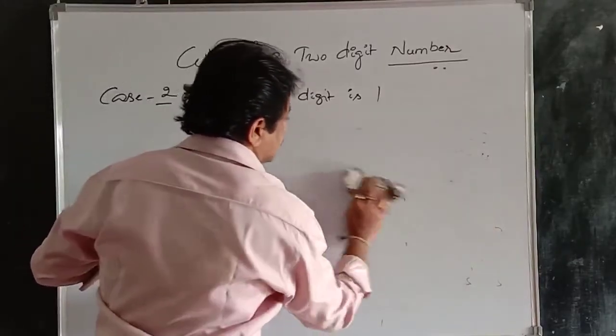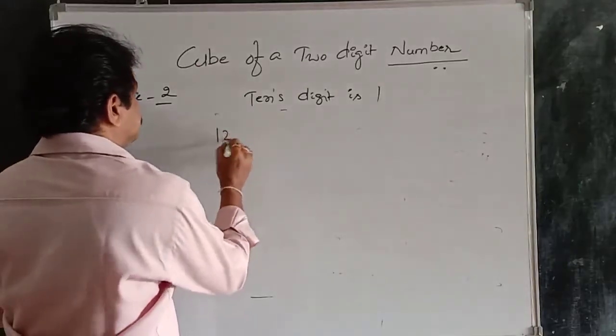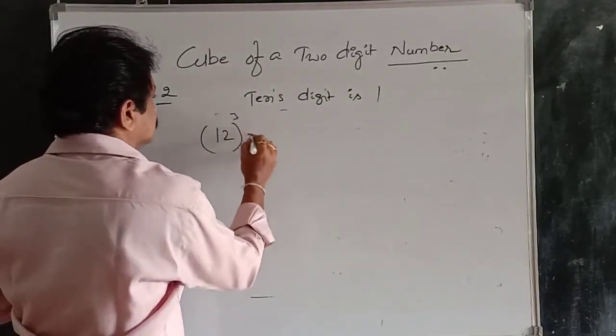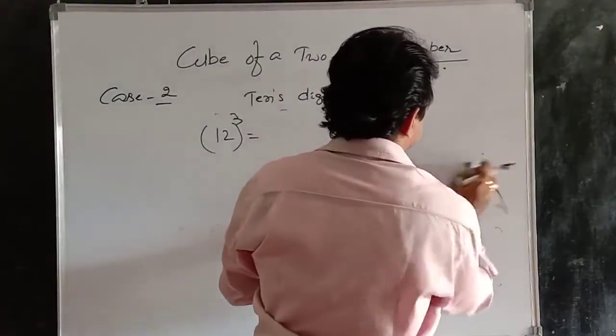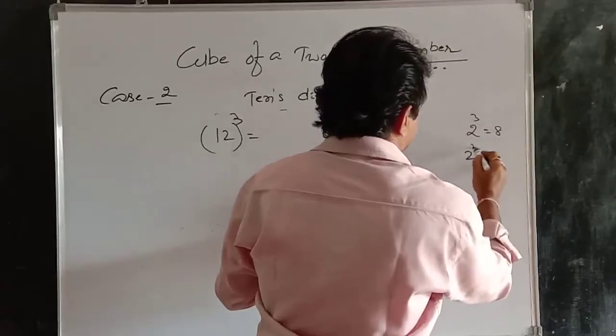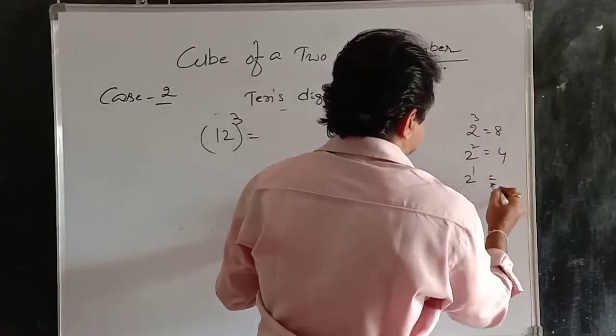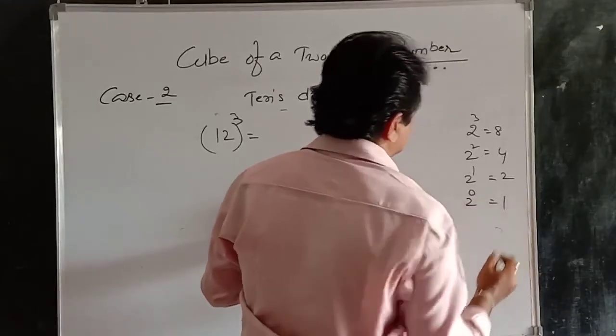Okay. Now we will check it with 12 cube. Okay. 12. So here again the same process. 2 cube is 8. 2 square is 4, 2 power 1 is 2, and of course 2 power 0 is 1.